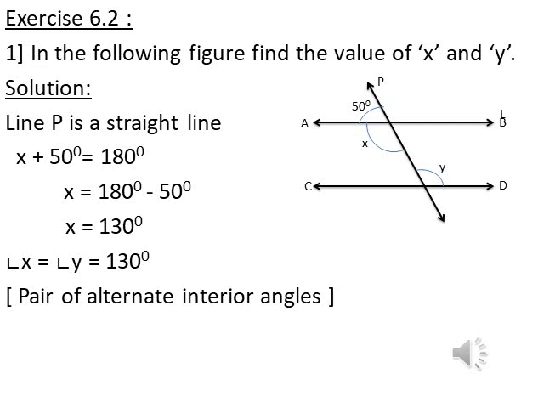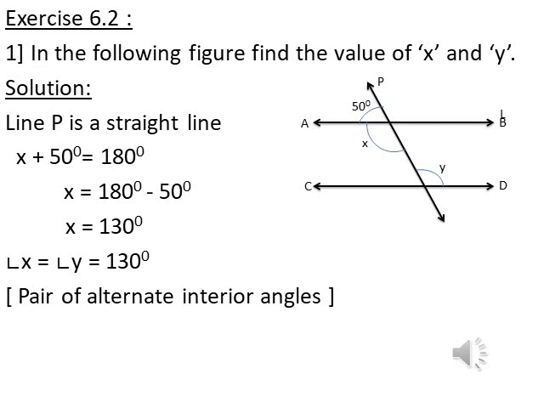Here we are getting two pairs of vertically opposite angles: angle 1 is vertically opposite to 3 and angle 2 is vertically opposite to 4. And we know that vertically opposite angles are equal, and that we have already proved. So angle 1 equals 3 and angle 2 equals 4.